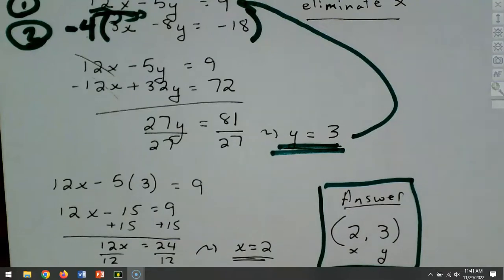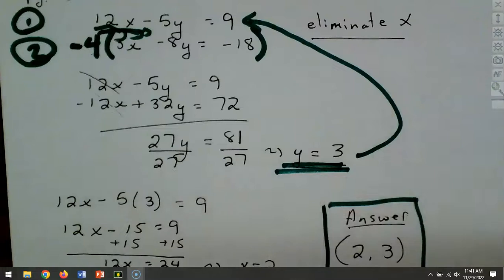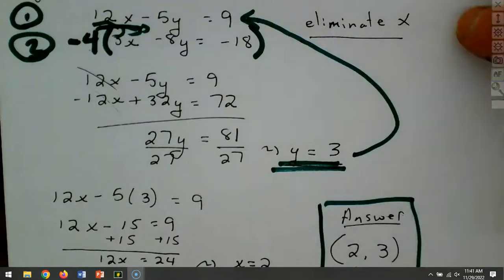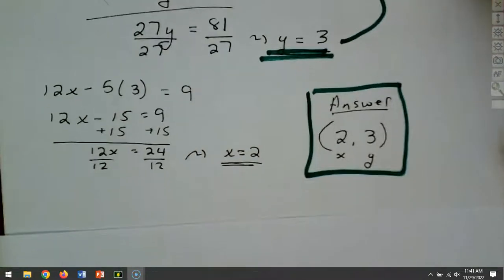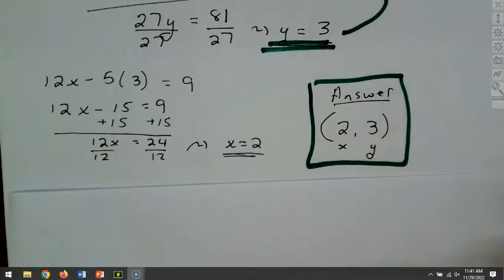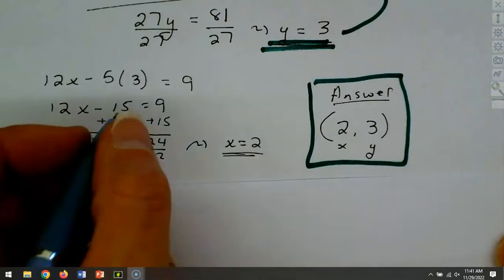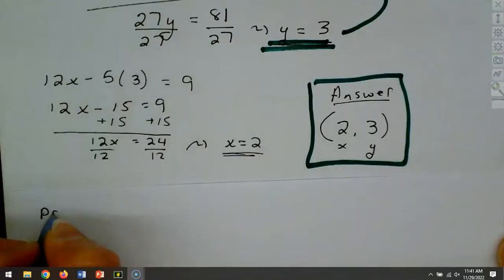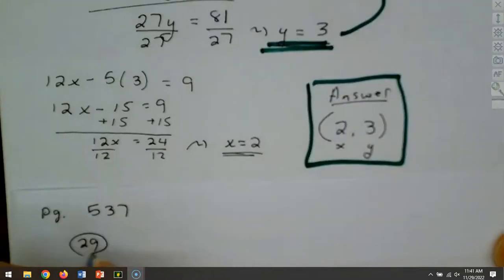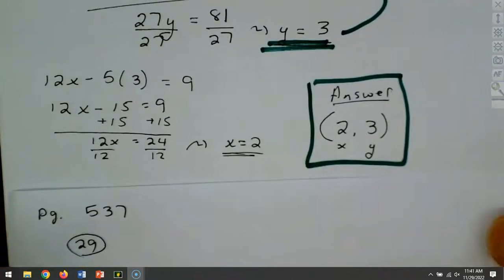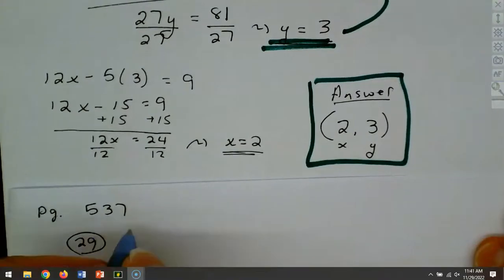I'm going to look at question 29. And again, this is page, this one's 537. We're going to use elimination again. And we're going to look at question 29. What we're going to have to do on this one is we're going to have to clear the fractions first.